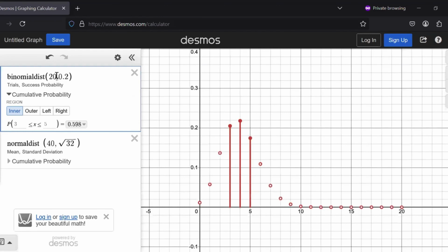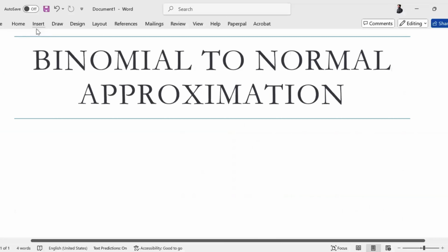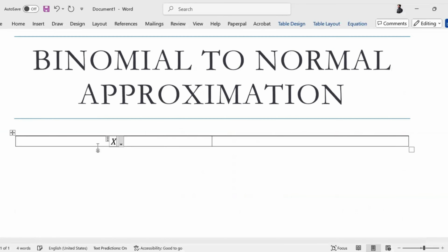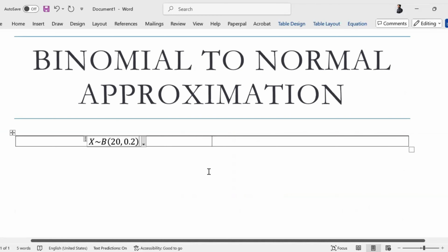For example, I have a variable x which is binomially distributed, and I'm doing 20 trials and the probability of success is 0.2.